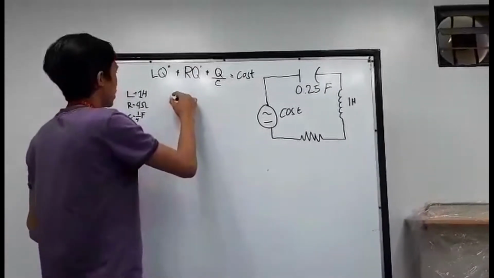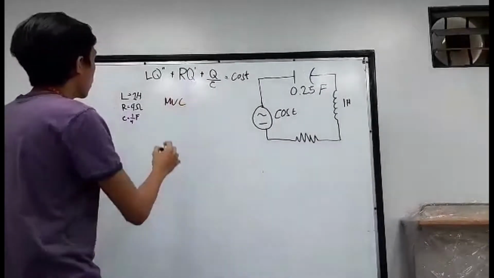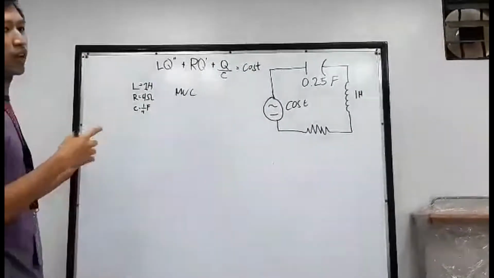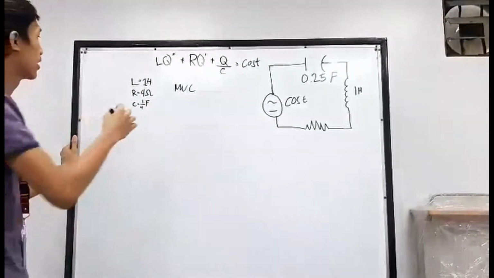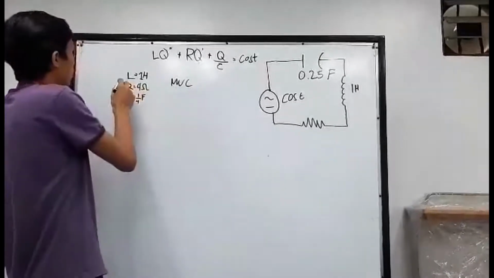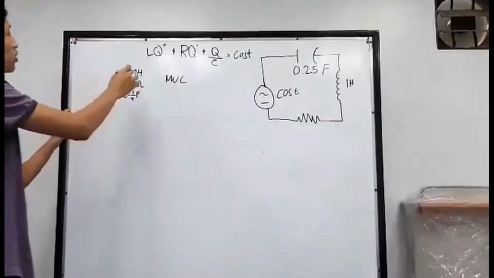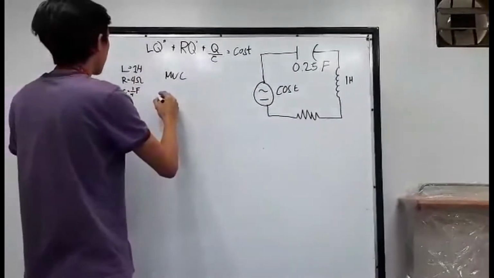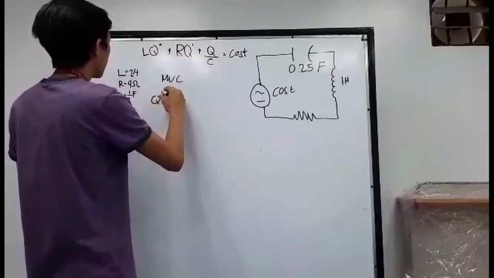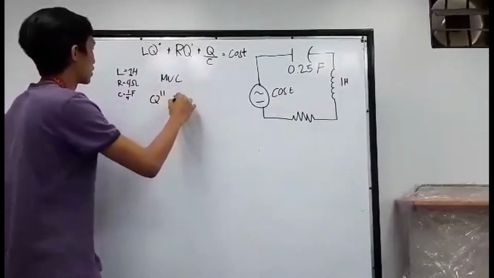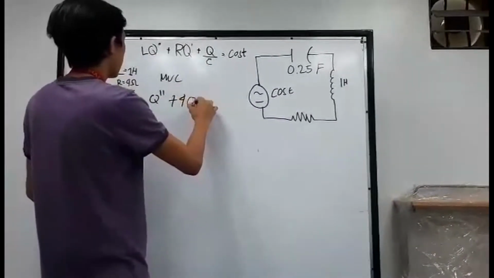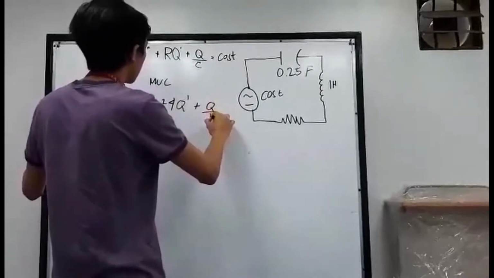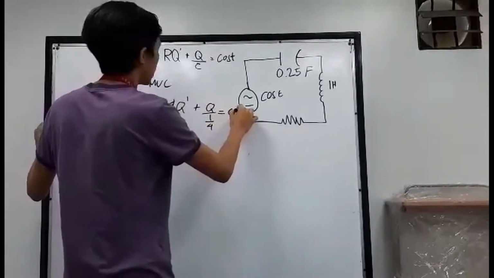And for that, we need to define the IVP. To find the IVP, put the values of R, L, C into the general equation. So Q double prime plus 4Q prime plus Q over 1 equals cosine t.